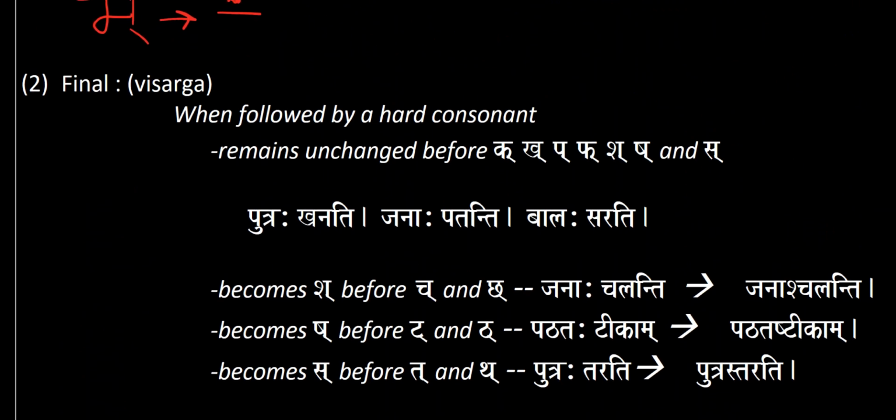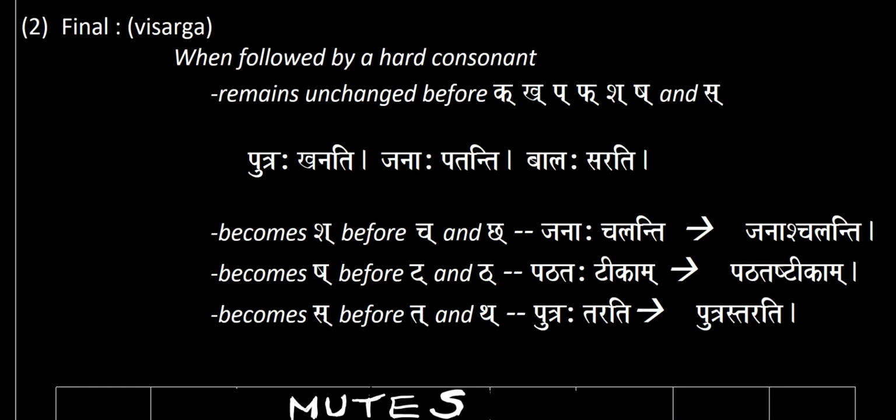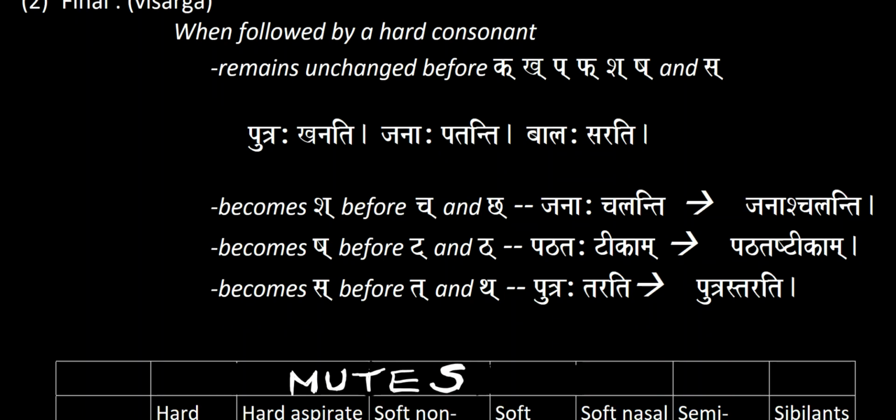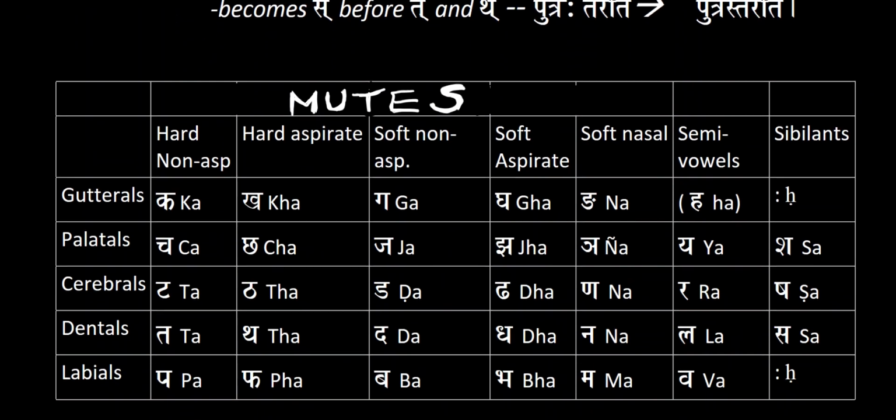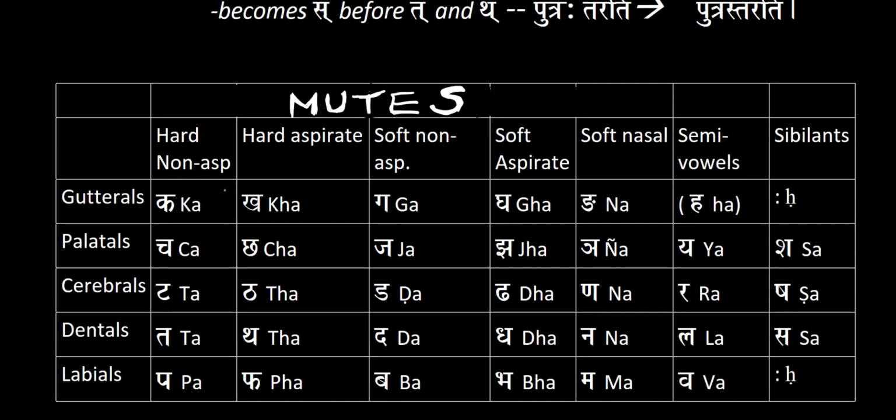Now, when the visarg is followed by these consonants, it remains unchanged. So nothing happens to the visarg. These letters are ka, kha, pa, pha, sha, sha, and sa. So let's find them on the table. Remember, there are two hard consonants for each category among the gutturals, the palatals, the cerebrals, the dentals, and the labials.